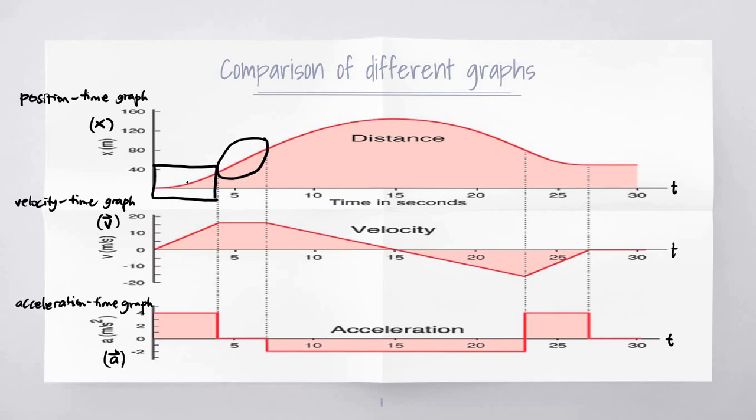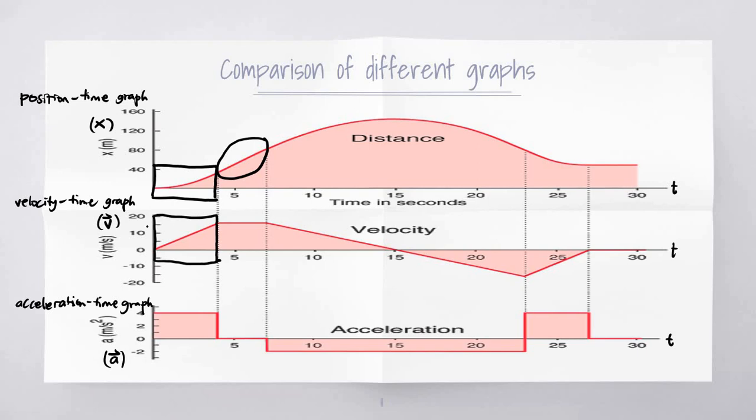So what happens now to the velocity time graph when the position time graph y values change drastically? This is what happens with the velocity time graph. It becomes linear. So the change is constantly happening for y values, and that is the velocity, right?